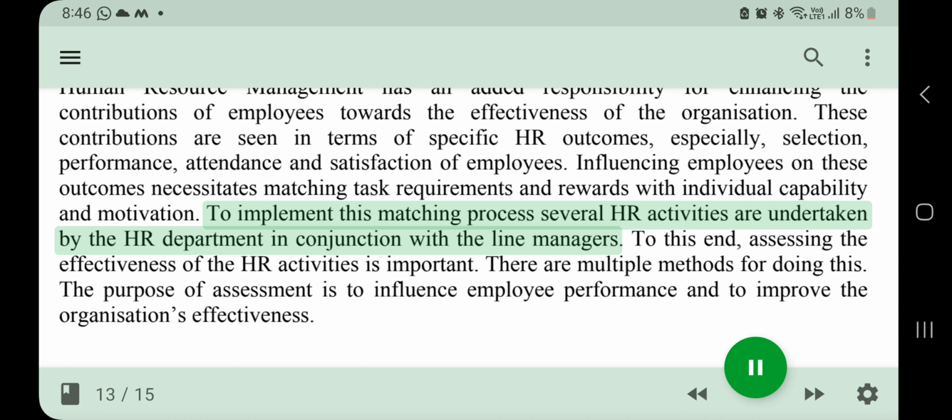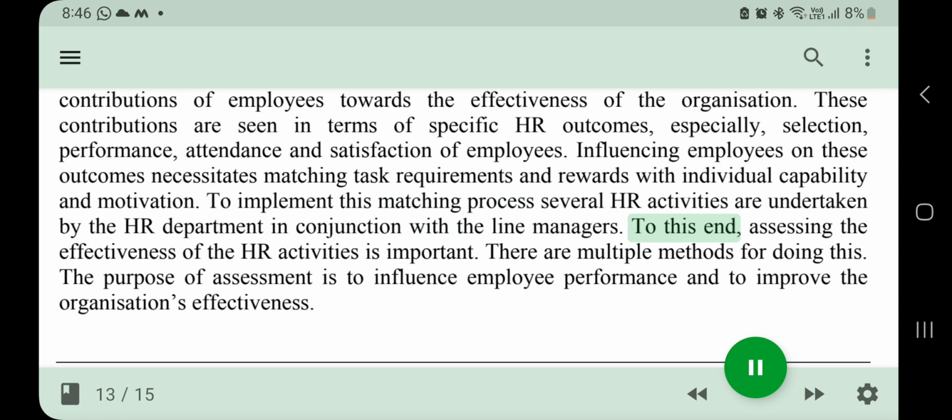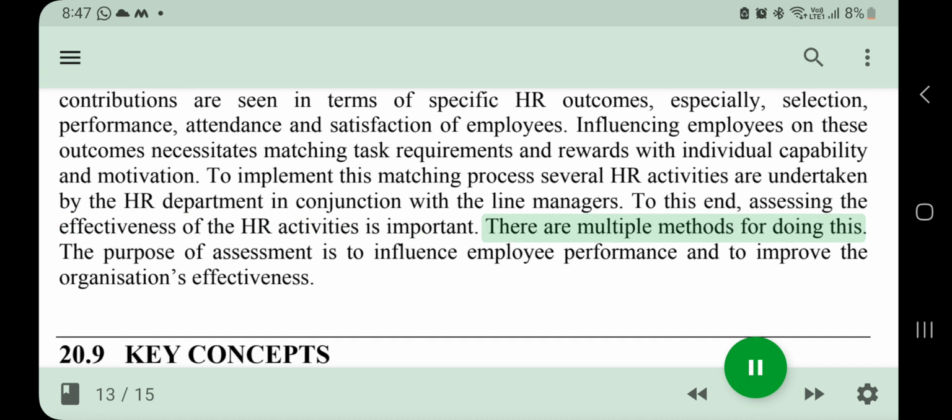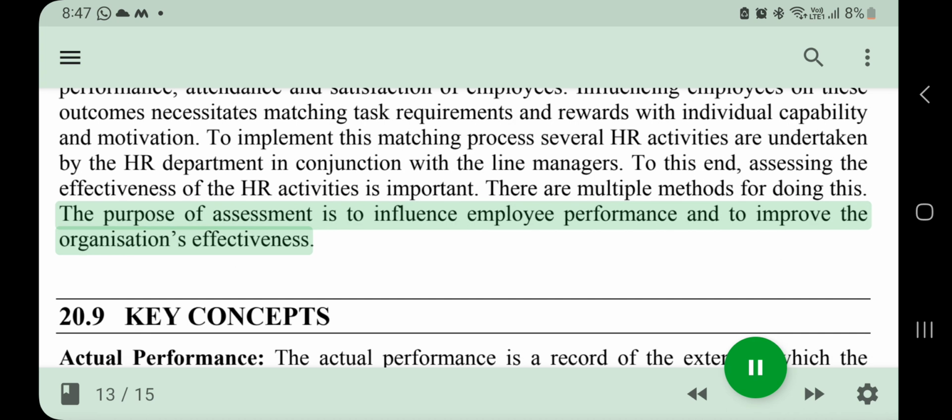To implement this matching process, several HR activities are undertaken by the HR department in conjunction with the line managers. To this end, assessing the effectiveness of the HR activities is important. There are multiple methods for doing this. The purpose of assessment is to influence employee performance and to improve the organization's effectiveness.